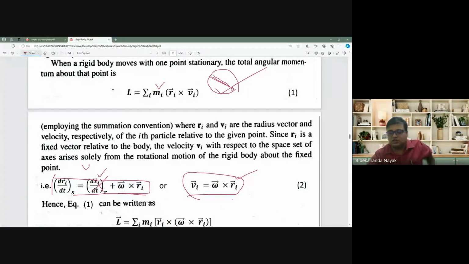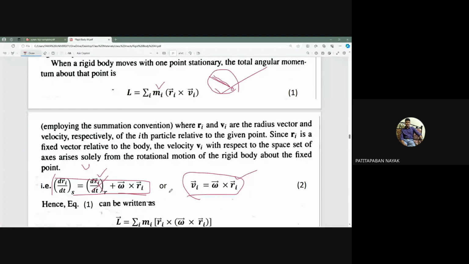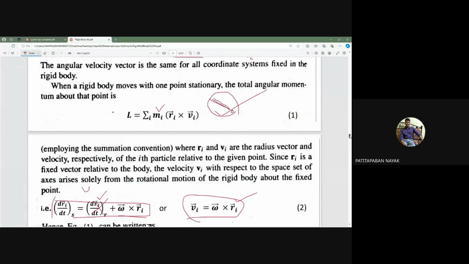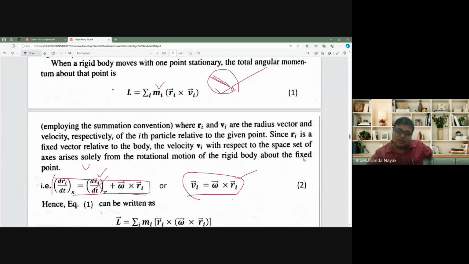Sir, it is written that when a rigid body moves with one point stationary, should that point be the center of mass or any other? If the center of mass is not given, and the problem gives a point as the reference point, you take that reference point.